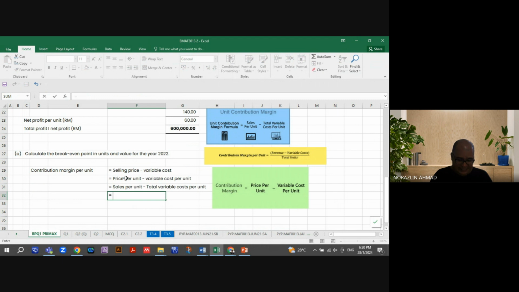Selling price is 200 ringgit, minus total variable cost per unit.